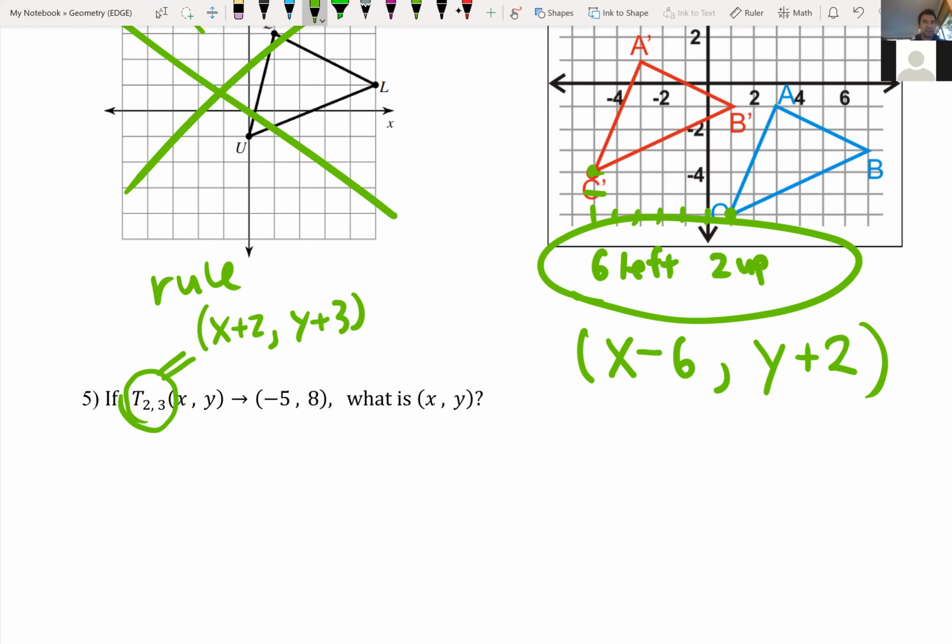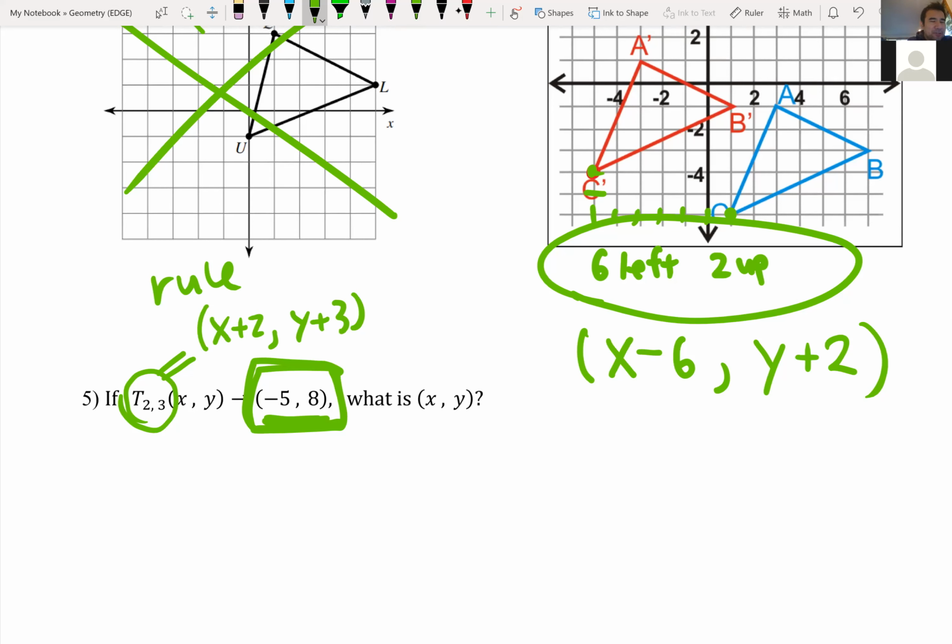Now, what do you think the question is asking you? The question is asking you that you already know what the end product, what the translated coordinate is. And the coordinate is -5 and 8.